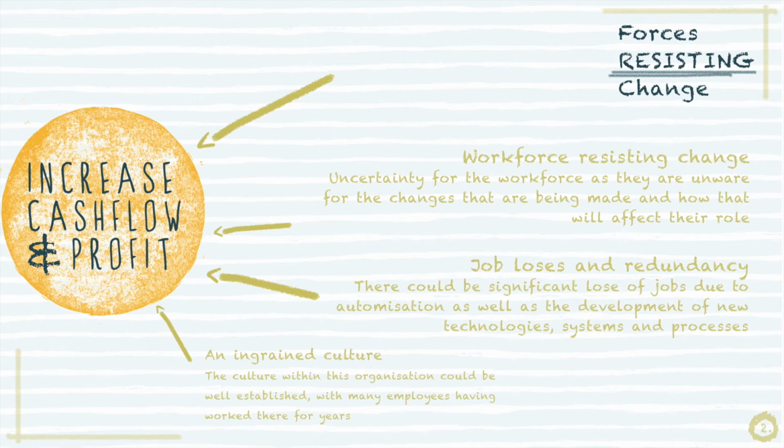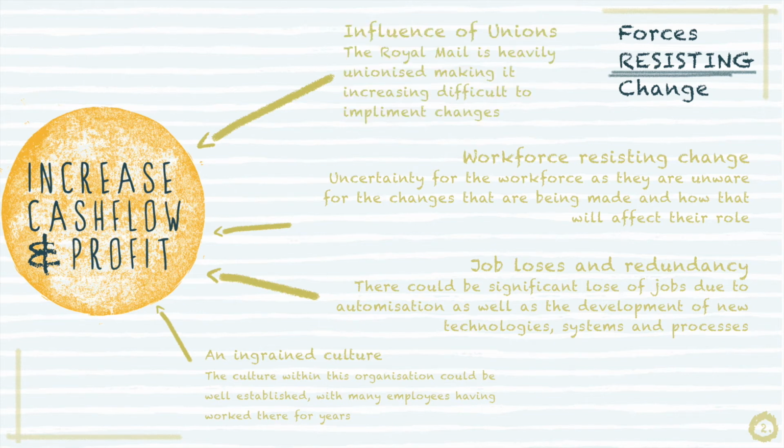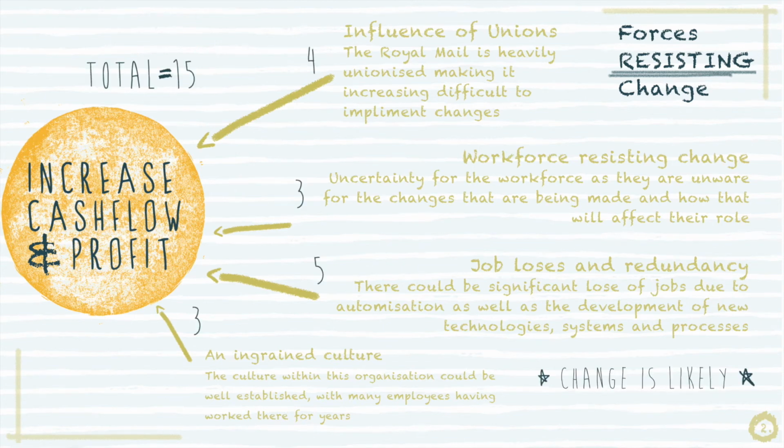What form will these changes come in and how will it affect their job role? Royal Mail is heavily unionised, making it increasingly difficult to implement changes. This ultimately puts pressure on management and the chief executive. Comparing the totals again, change is likely, as you can see that the forces for change outweigh the forces against.